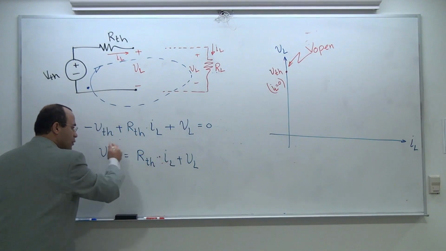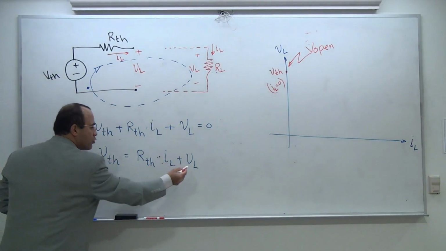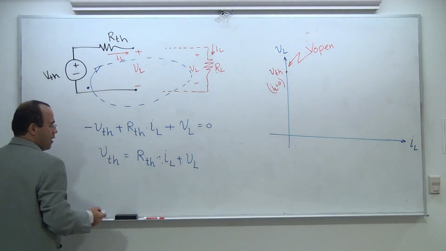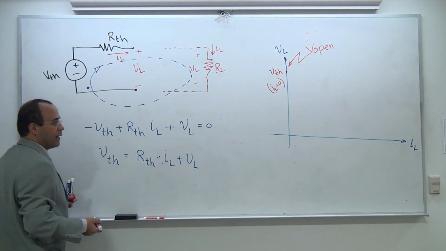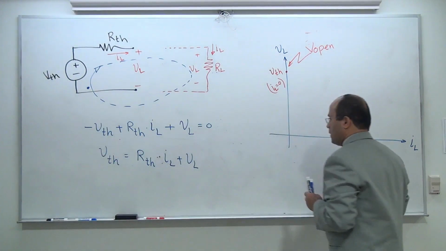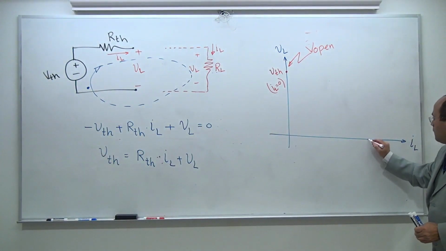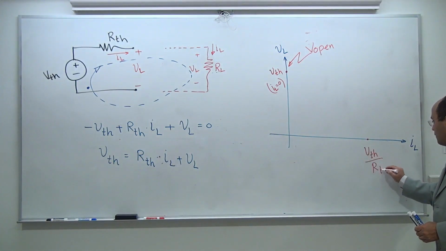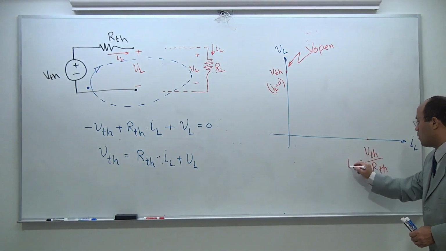Let's take a look at this equation one more time, and this time I want you to put VL to 0. If you put VL to 0, how much would be your IL? If you solve the system, you are going to get V Thevenin divided by R Thevenin. That's going to be your IL.